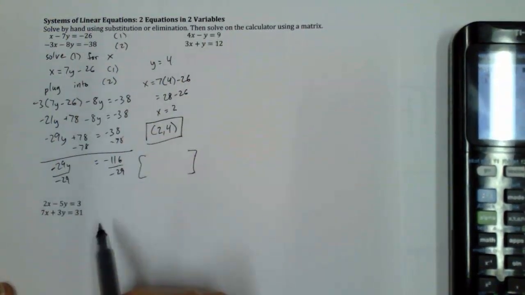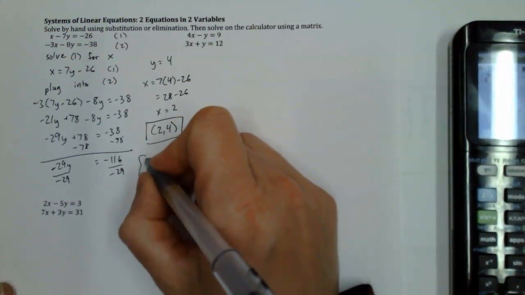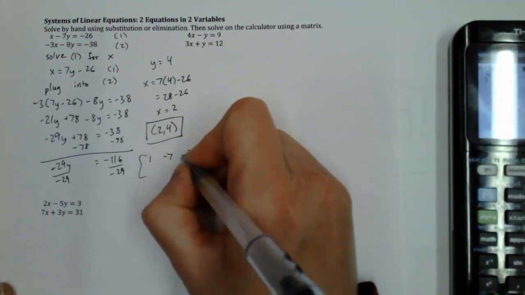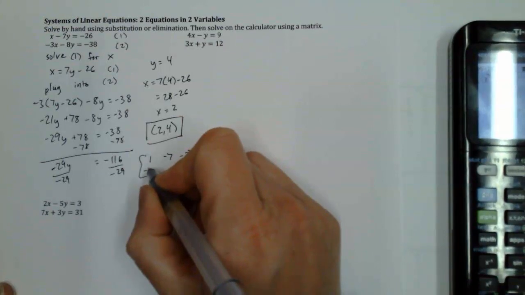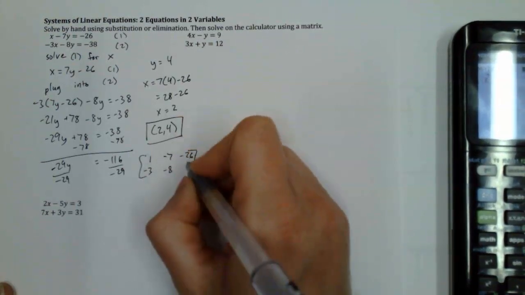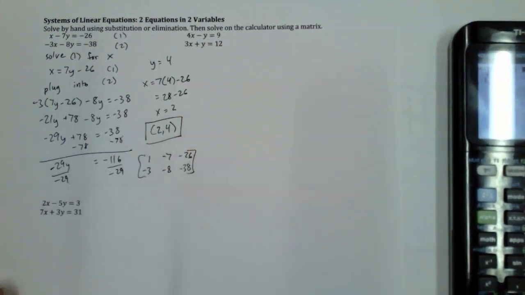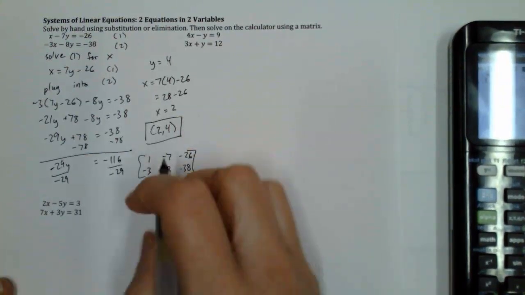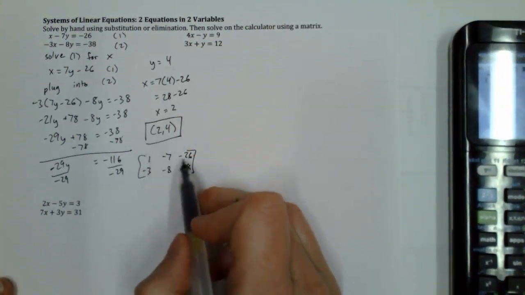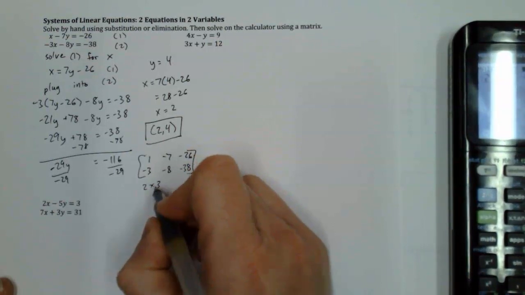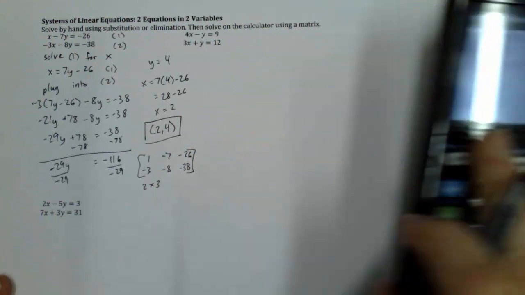That is how all of these are expressed. So my matrix here would be 1, negative 7, negative 26, and then negative 3, negative 8, negative 38. We have 2 rows and 3 columns, so this is a 2 by 3 matrix.